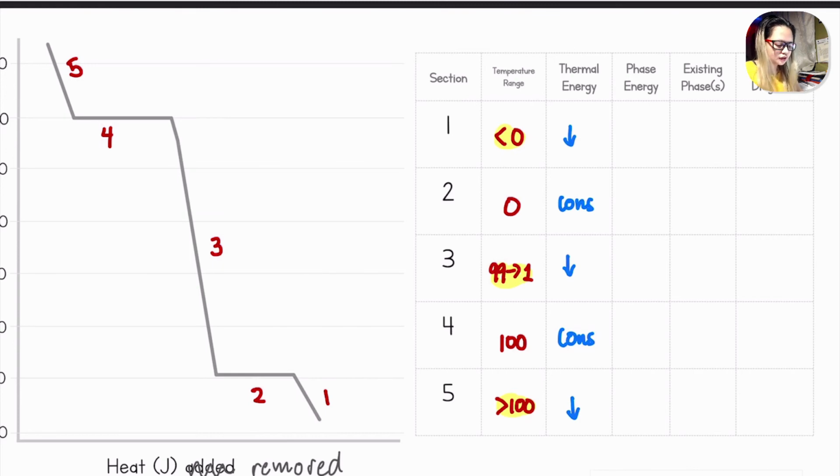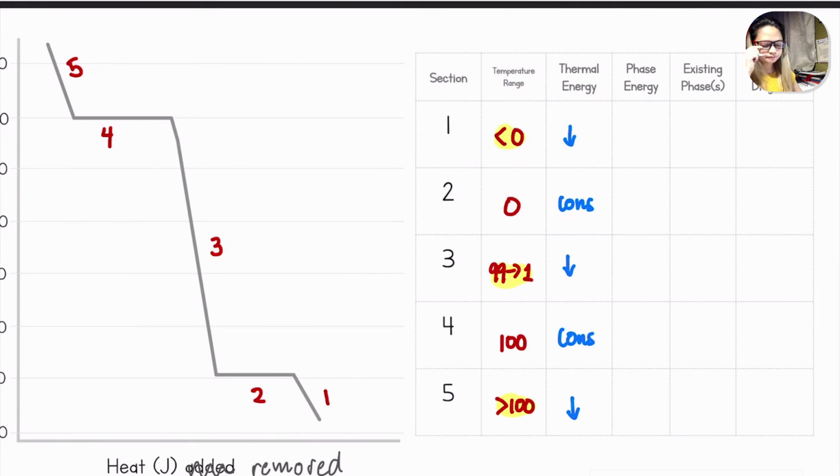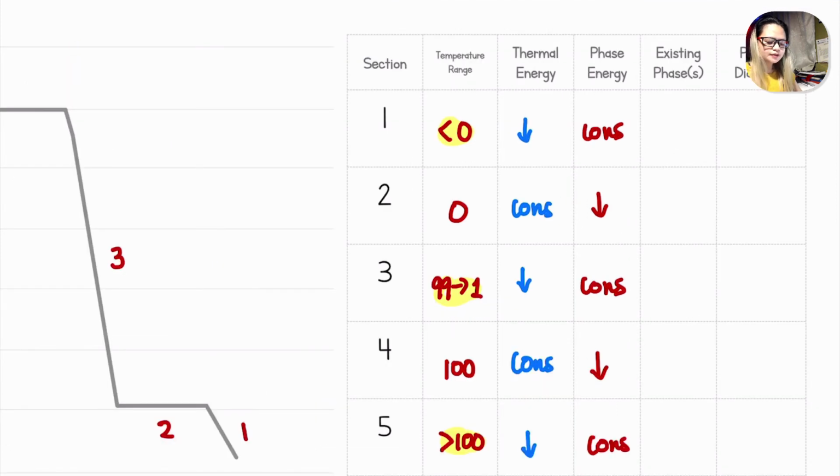During phase change, there's an increase of phase energy. Oh, actually, this one is decreased because you're cooling it, right? So it's gonna look like this: constant, constant, and then another constant. What about the phases? Well, the phases are pretty simple as well because we just need to go backwards one last time.